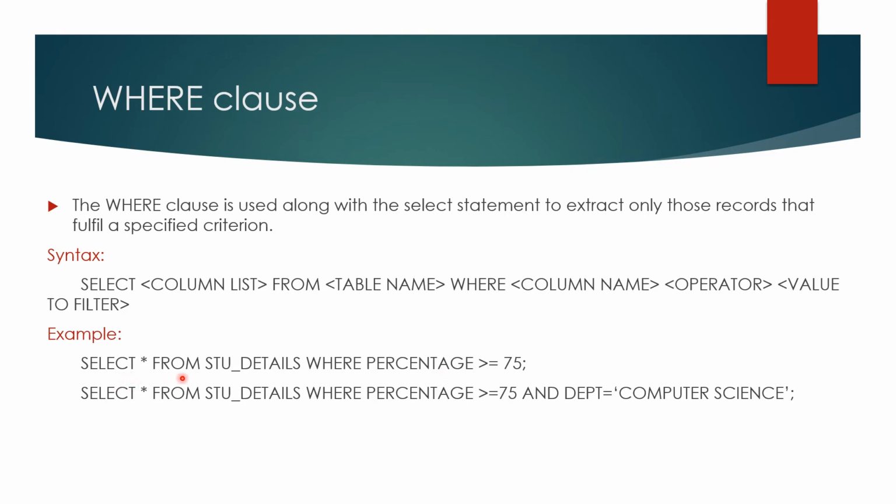So this query is used to display the student details of those who scored a percentage greater than or equal to 75. And there is another example which is similar to the first one.